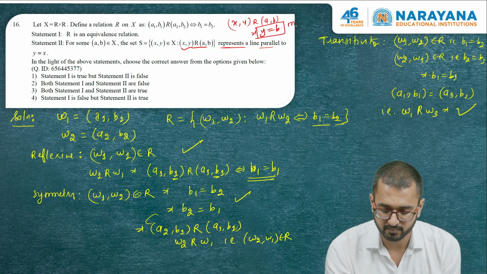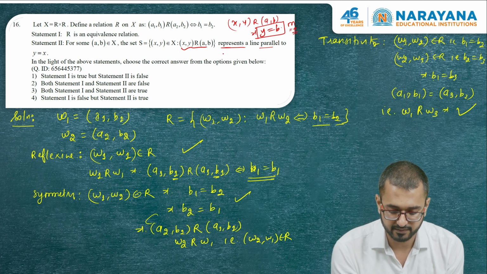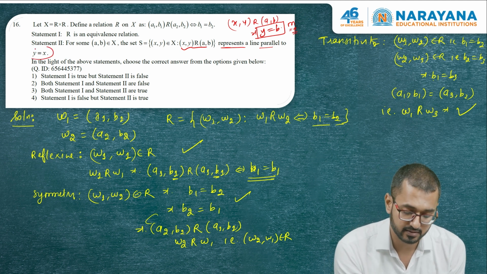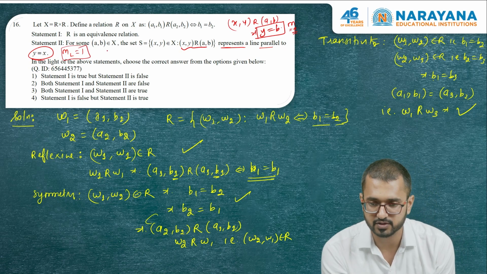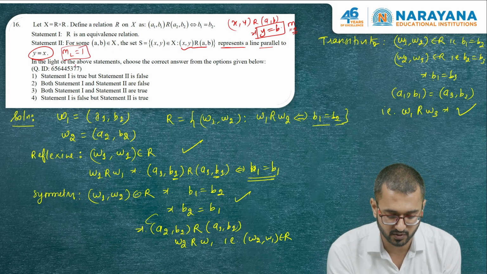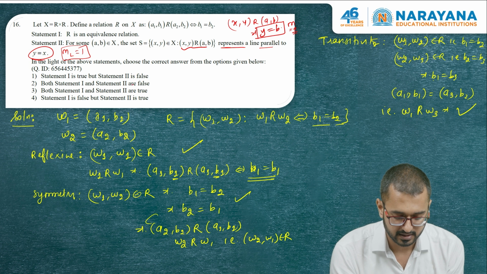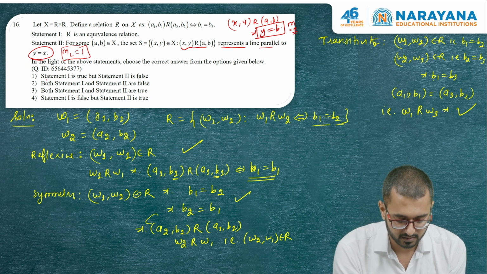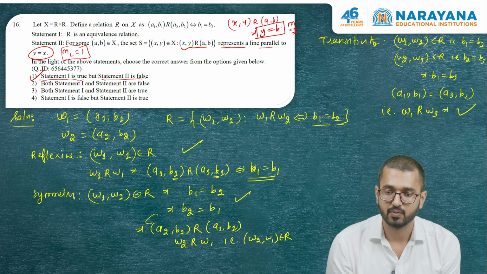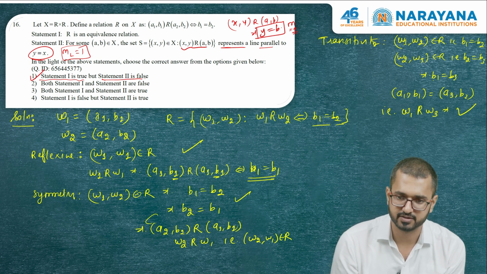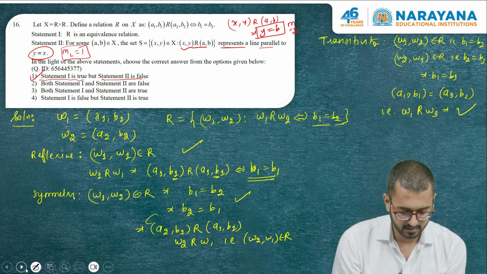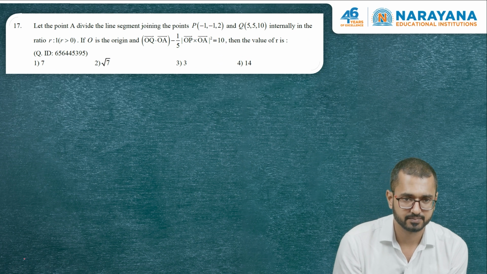Its slope is 0. And if it is parallel to this line, then the slope of this line is 1. So it is not true for any X. So that's not true. So statement 2 is wrong and statement 1 is true. That will make our option 1 correct. I hope this is clear. Coming to question number 17.